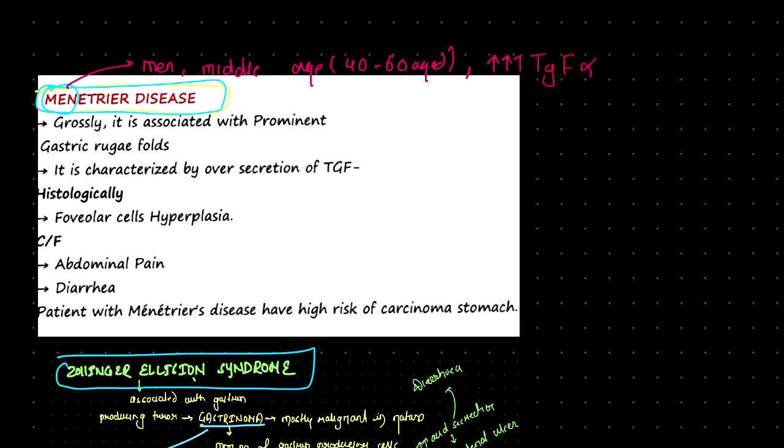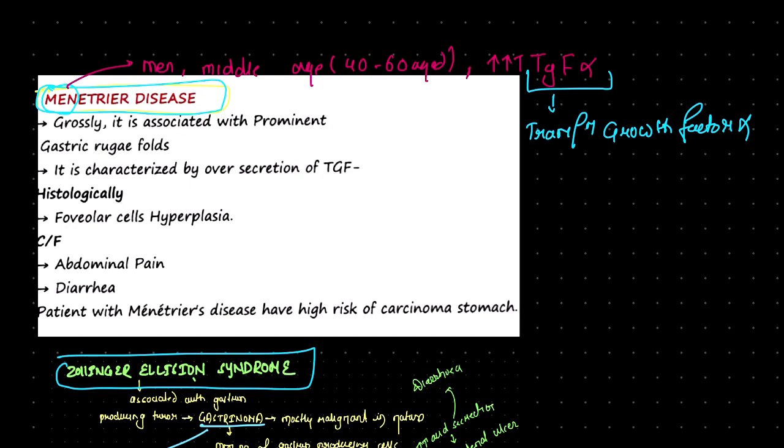Now, what is this TGF alpha? This is transforming growth factor alpha. Now, let us recall another one, transforming growth factor beta, which plays an important role in wound healing.